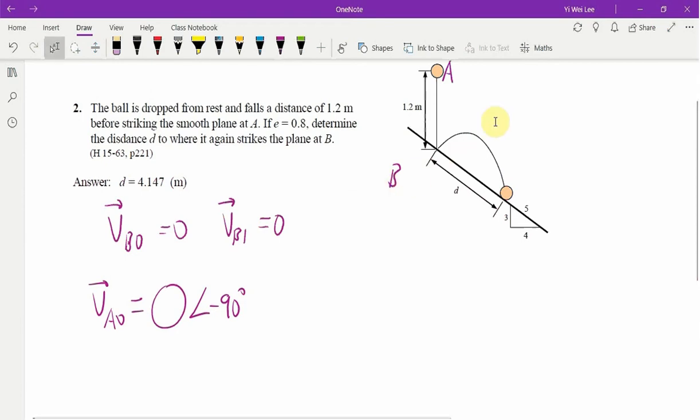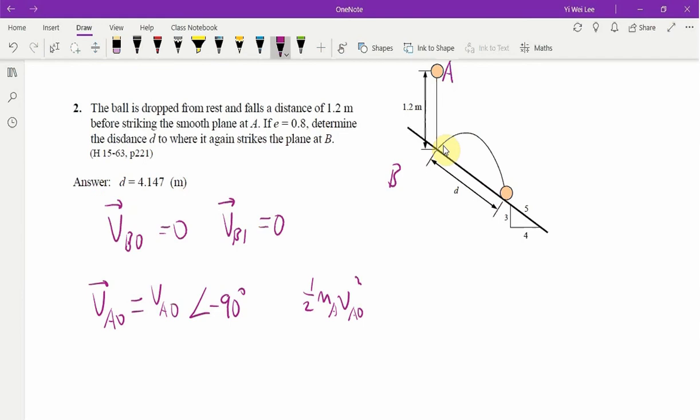Now apparently, this is a fall from rest, and we can use the conservation of energy equation. The final kinetic energy, half m_A v_A0 squared, where v_A0 is the magnitude, is equal to the initial gravitational potential energy.